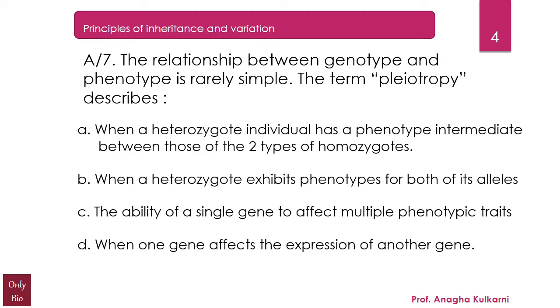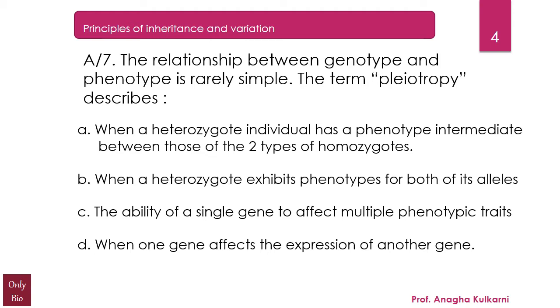Friends, remember, genotype refers to the genetic constitution of an organism for a particular trait, and phenotype is nothing but the external expression of that particular trait. The term pleiotropy is being taken from two Greek words, pleion, which means more, and tropos, which means way.